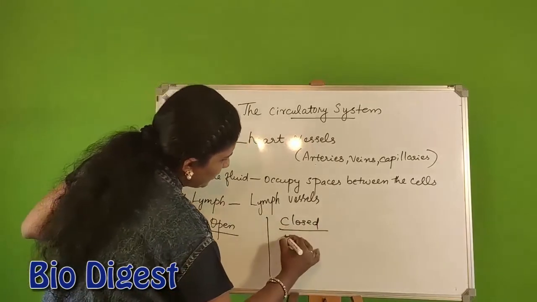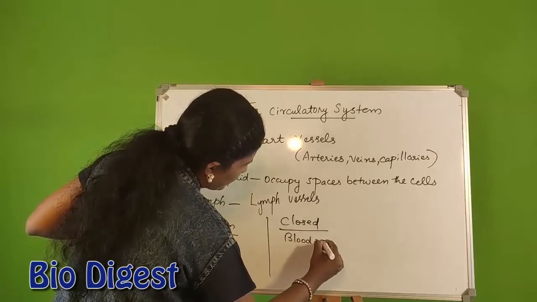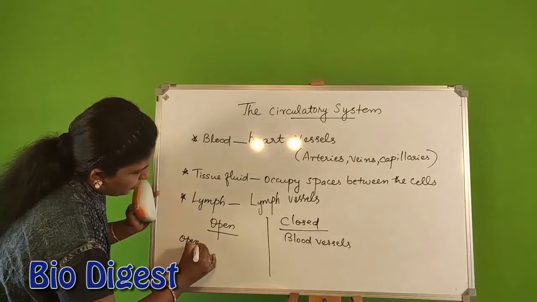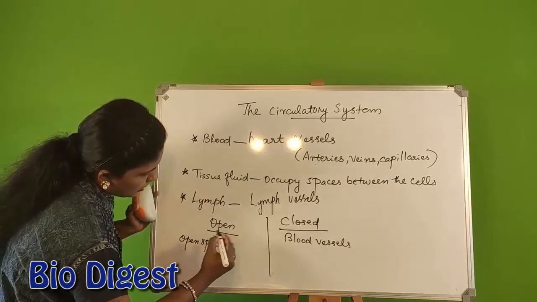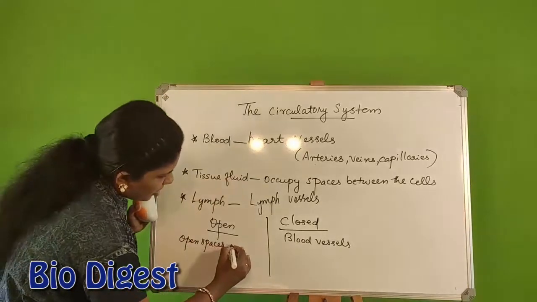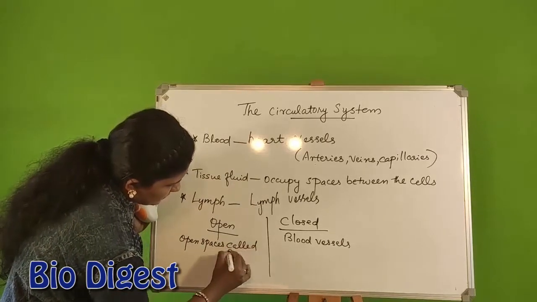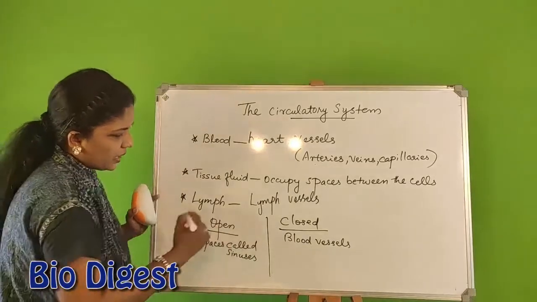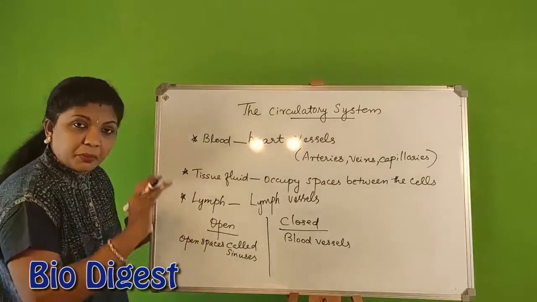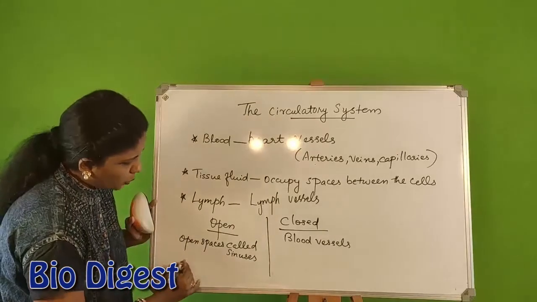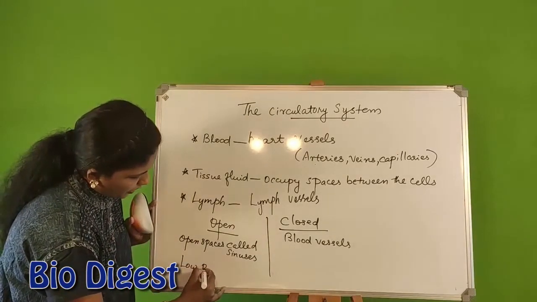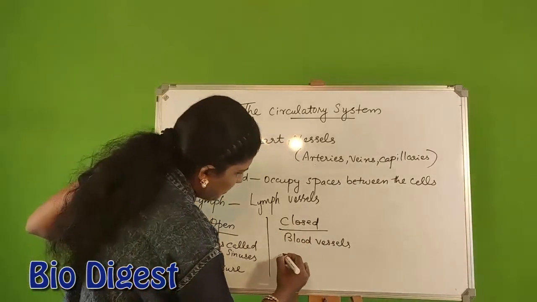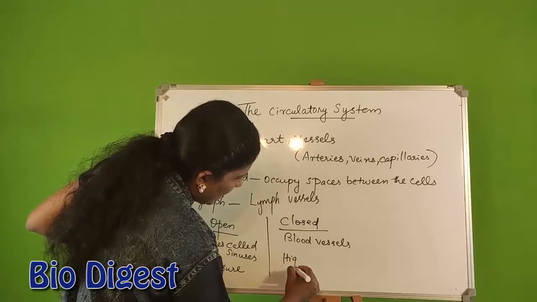So we will discuss the differences between open and closed circulatory system. In the closed system, blood vessels are involved and blood is carried through blood vessels. In the open system, blood enters open spaces, the body cavities called sinuses. In an open circulatory system, the blood flows with very low pressure. In a closed circulatory system, the blood usually flows with high pressure.